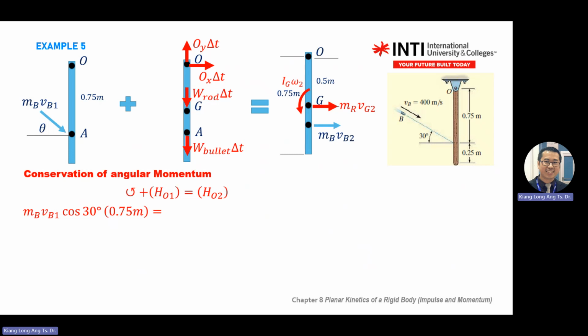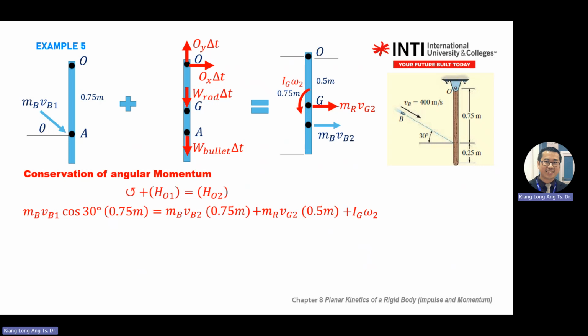Okay, so this is mv, momentum multiplied by distance, you get angular momentum. Same here. We are referring to O. So here you have two momentum terms and one Ig omega 2. So you have three things there on the right hand side.